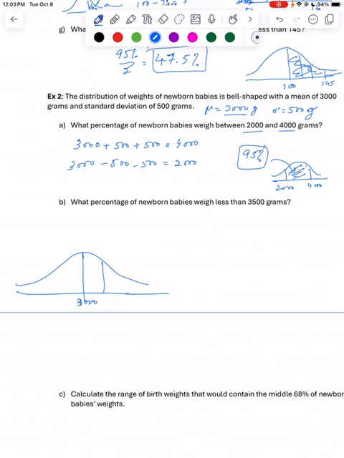And the same way you will go to the left. Yeah. And then all these areas are known. I think it's like 13.5% or 13.4%.